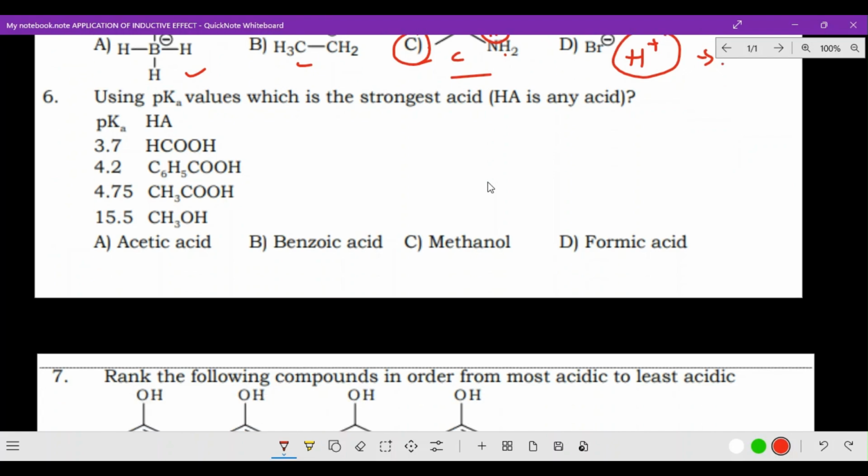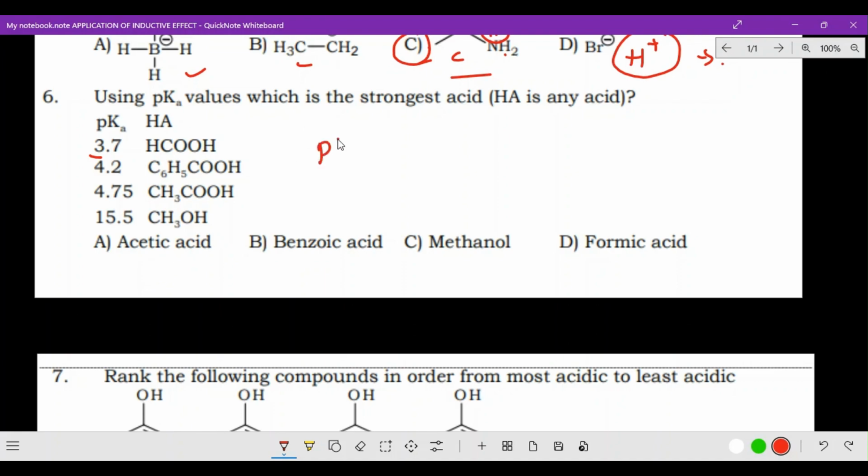Now the next one: using pKa values, which is the strongest acid? HA is any acid. Here they have given pKa values and acids: formic acid 3.7, benzoic acid 4.2, acetic acid 4.75, and methyl alcohol 15.5. So which is the correct option?